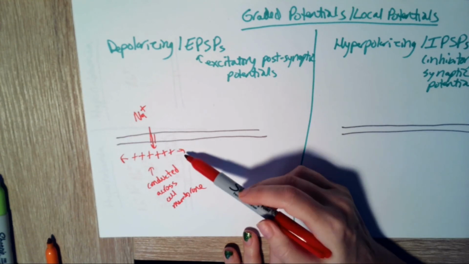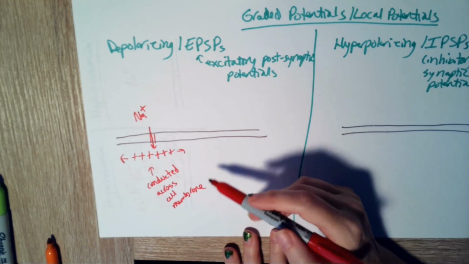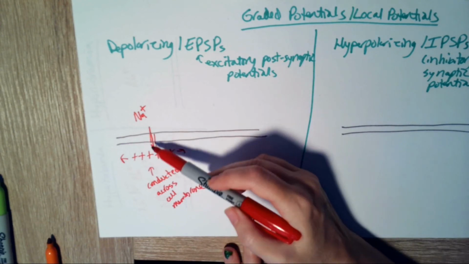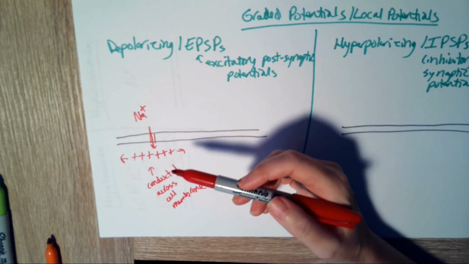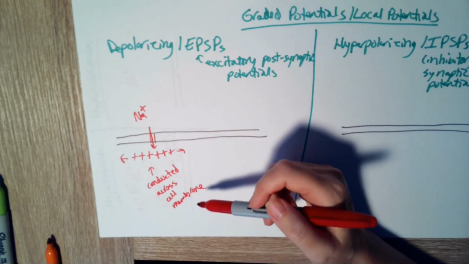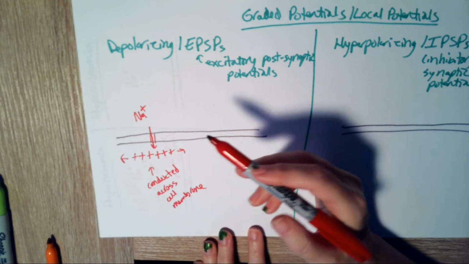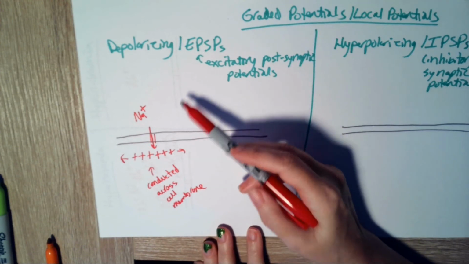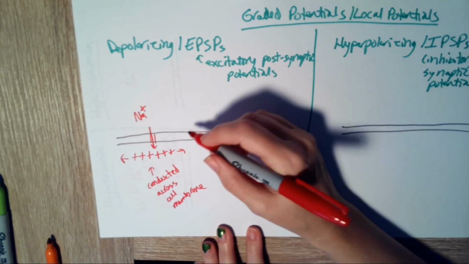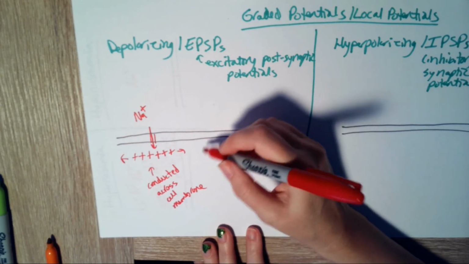The way we can make them stronger is by opening more channels. Let's say we just have a leak channel open. There's really not that many leak channels on the cell membrane, so that's not going to do a whole lot of good. It's not going to depolarize you to the point of having an action potential.